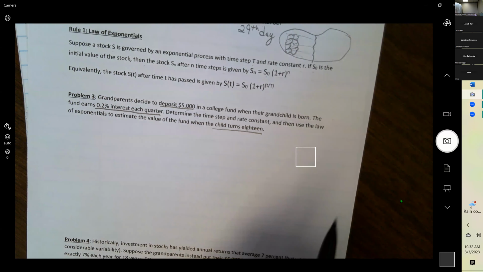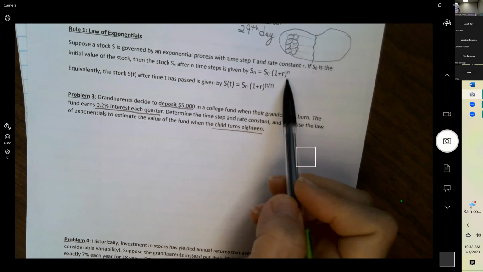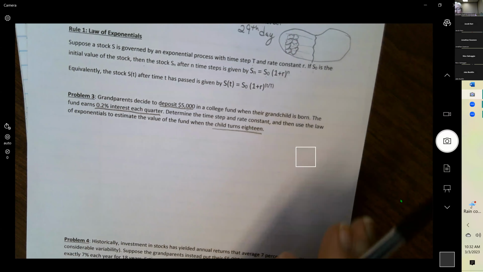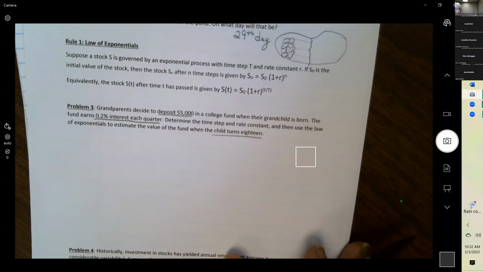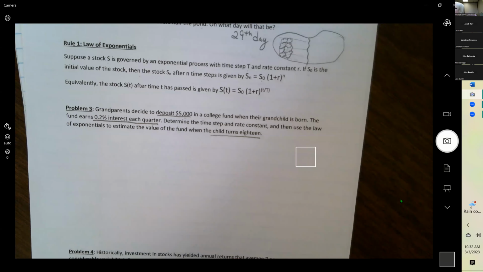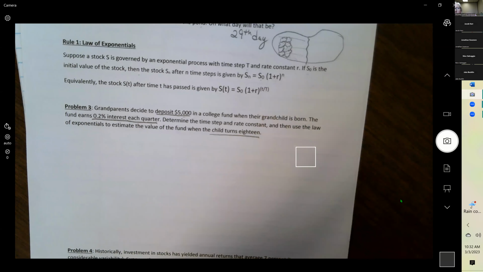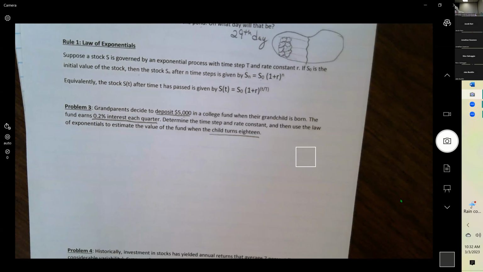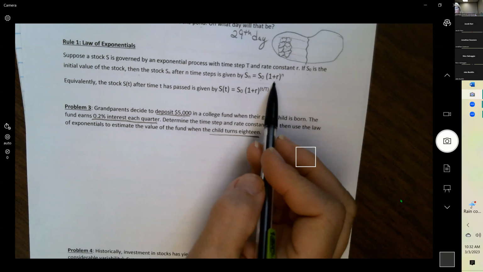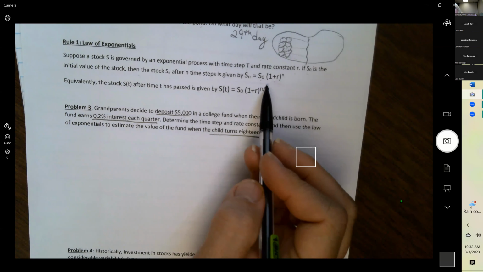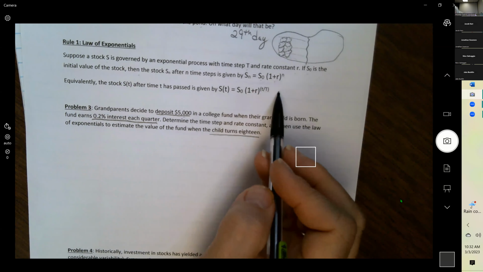Now it depends on which one of these two equations you want to use. Is there a preference? I like this one. So I will show you this, but if you want to use the other, let me know.